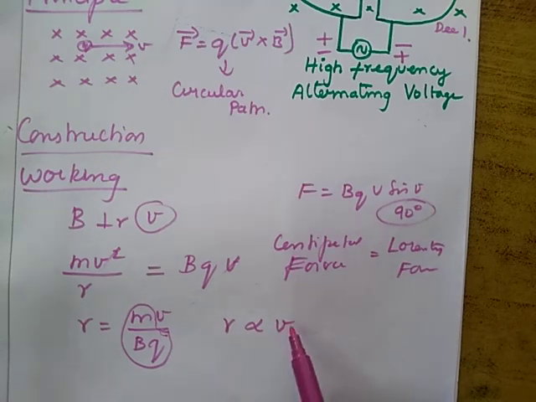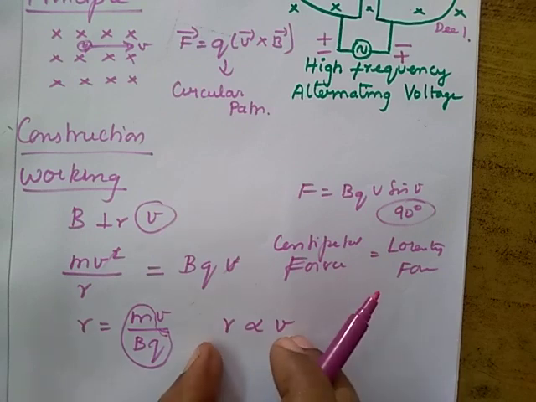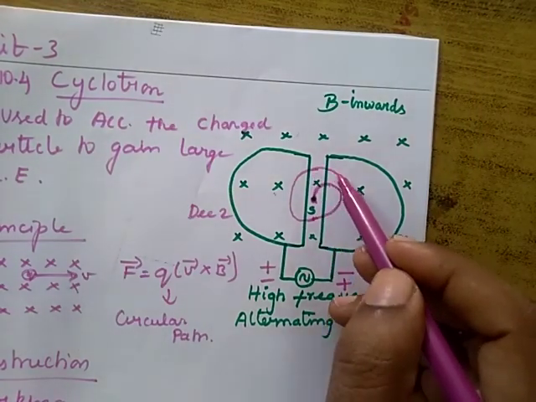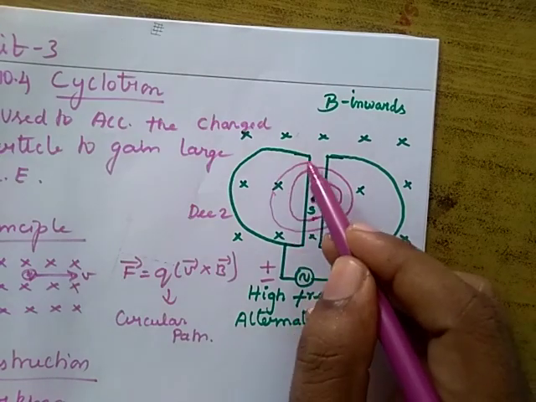If velocity increases, then the radius of the circular path also increases. This relation implies that only. Then this process repeats.